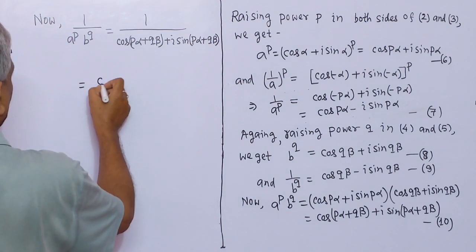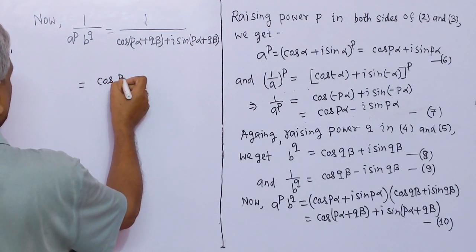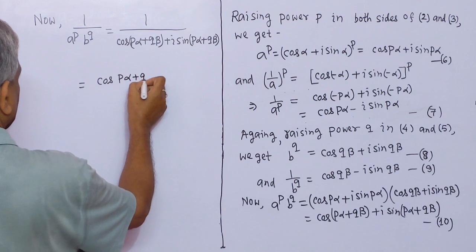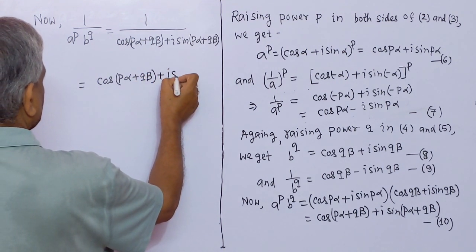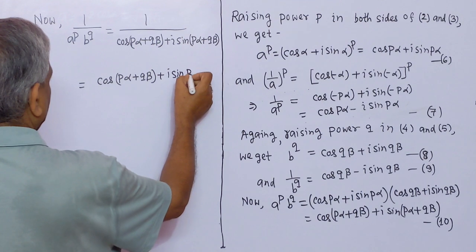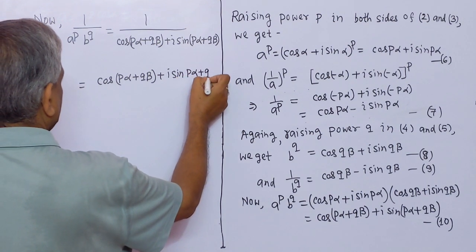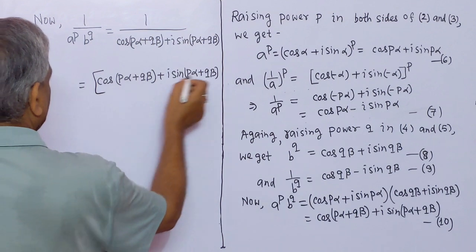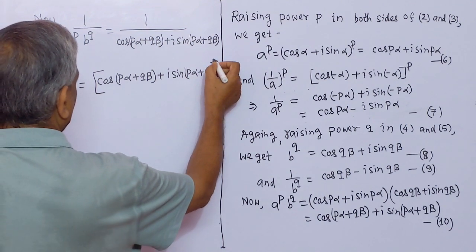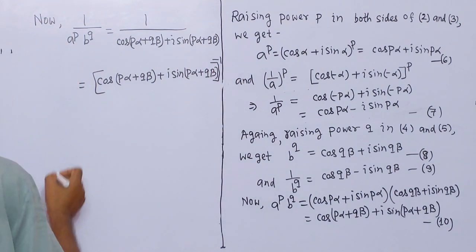This equals cos(p alpha plus q beta) plus i sin(p alpha plus q beta) whole to the power minus 1.